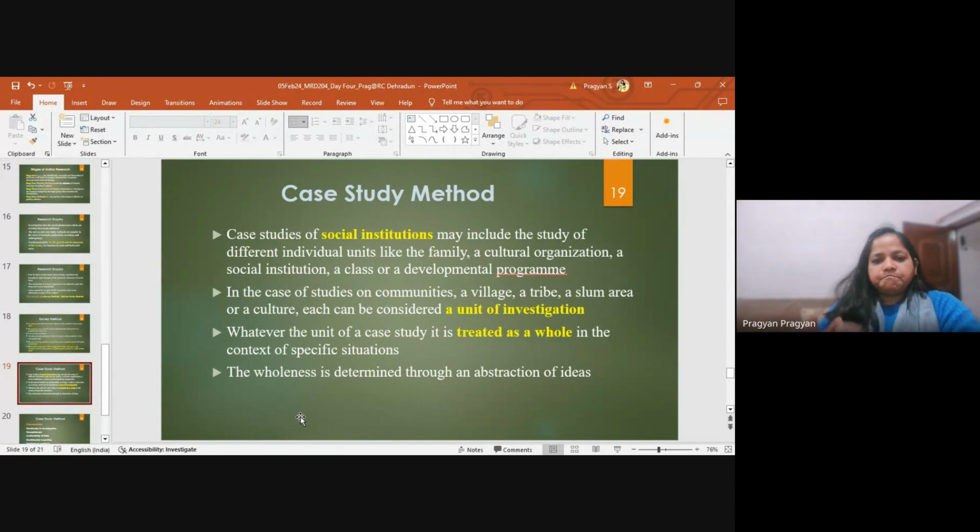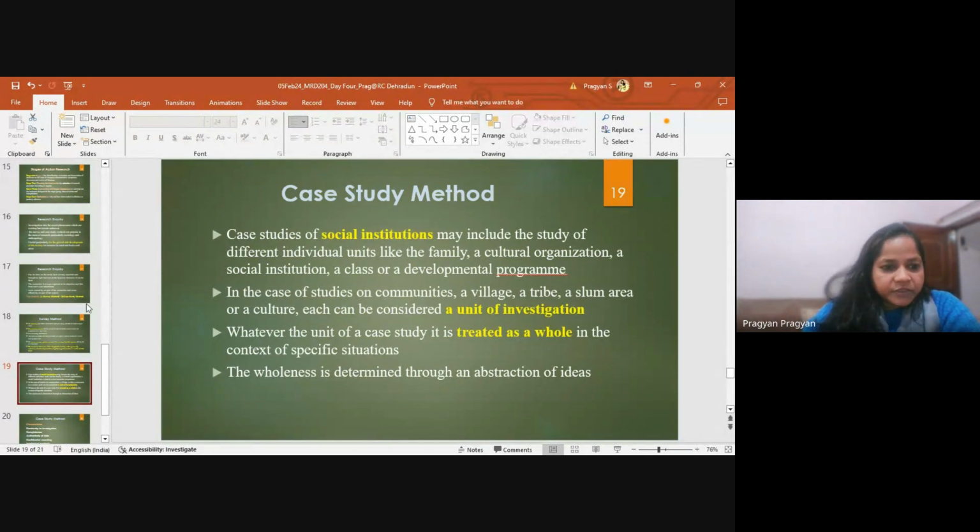That means in such a condition, the whole unit can be anything. It can be one community, one age group in that community, or a particular population living in a particular locality of one village, but all of this is going to be treated as a single unit of investigation.